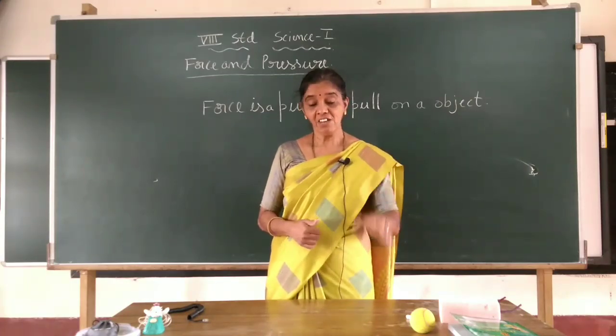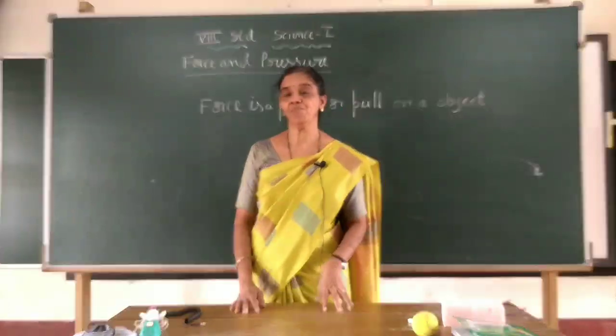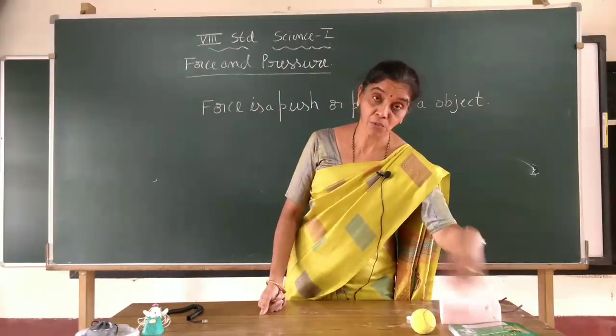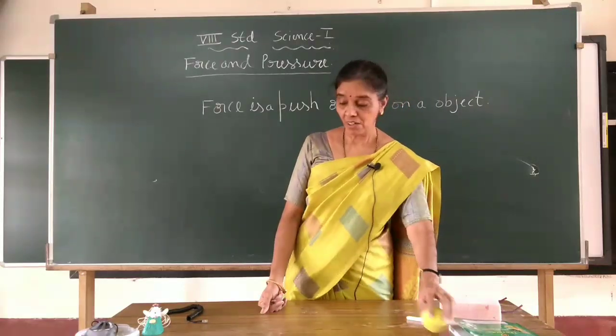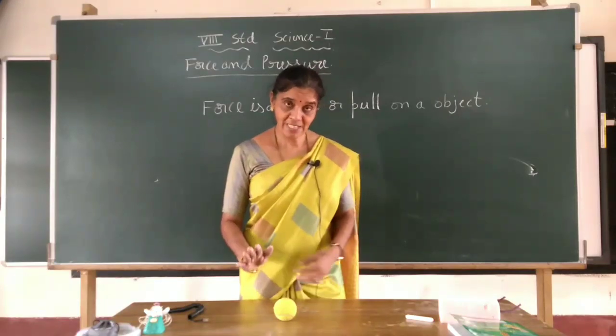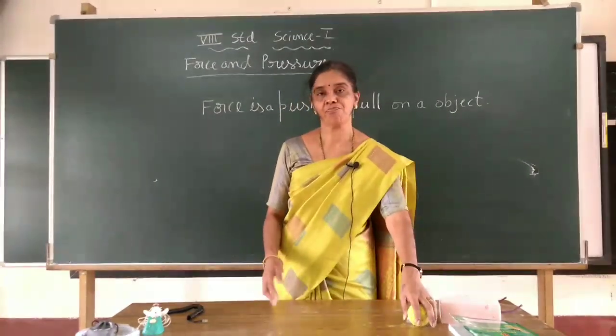And in the force, there may be one force applied or there may be two forces or more forces also applied. Now here the ball is at rest, I am applying the force on this ball, right? So I applied the force. It is moving.